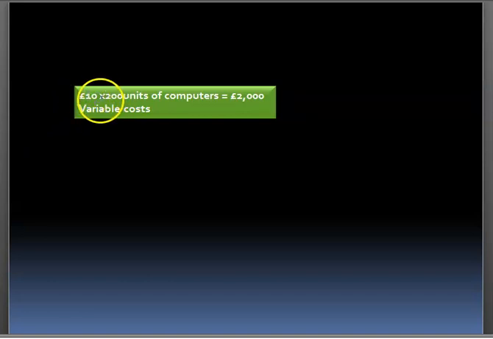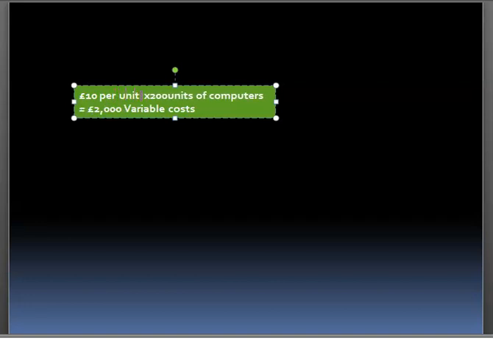The amount that it was going to cost them per unit is £10 per unit, that's £10 for producing one computer, multiplied by 200 computers, and that gives £2,000. So that's how to calculate variable cost.